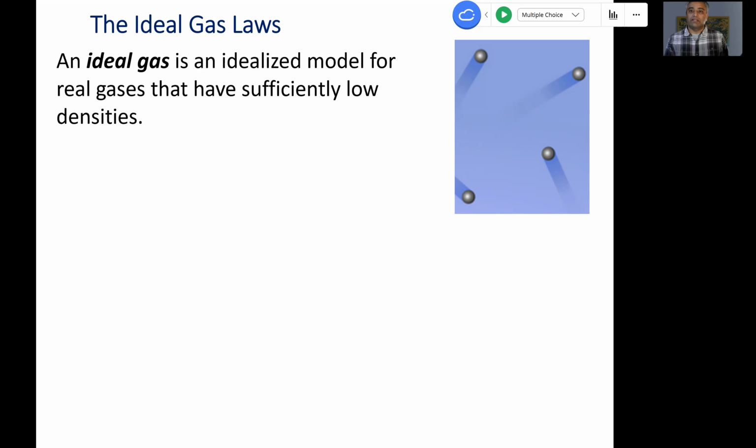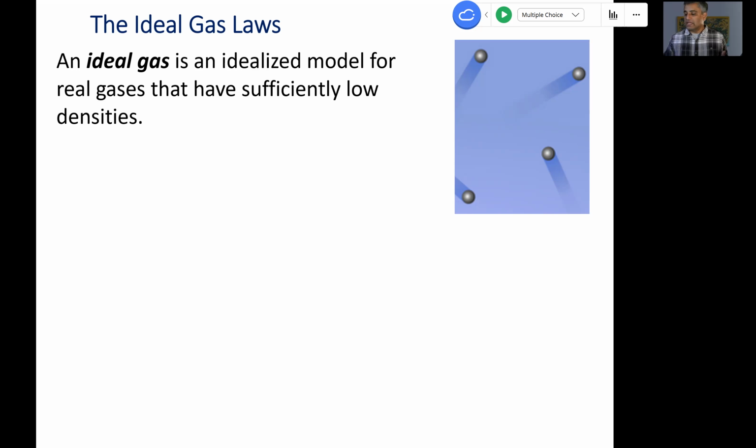And what happens? One molecule of gas interacts with another. There is force between those molecules. And to do the analysis with that, the math becomes difficult.